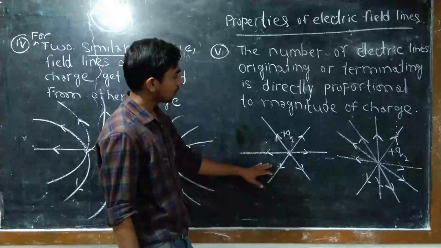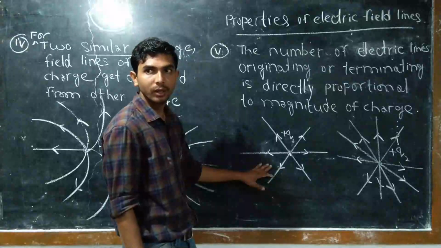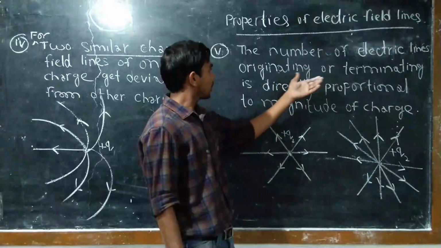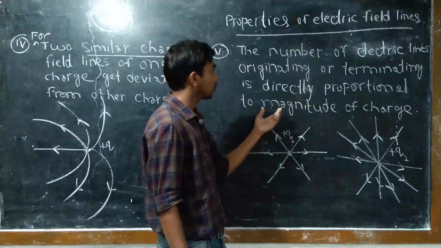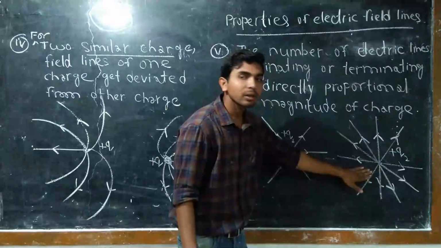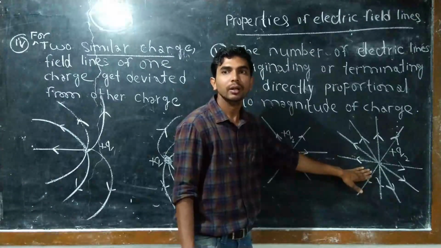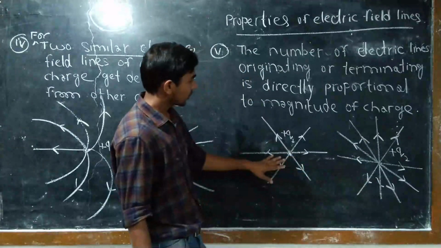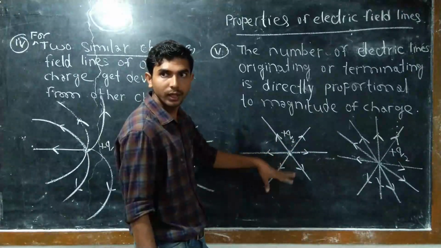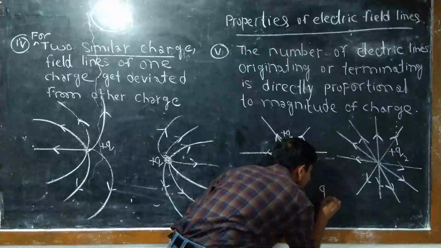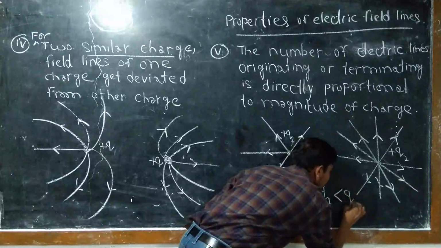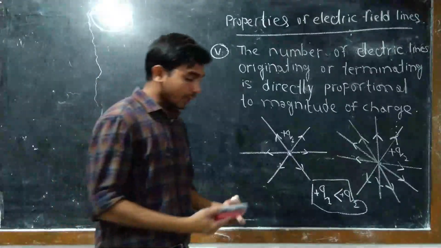But for this one only 6 electric field lines is coming out, right? So according to this point, you are able to see number of electric field lines originating or terminating is directly proportional to magnitude of charge, right? So if here number of electric field lines is more, so charge is greater, right? Similarly here, number of electric field lines is smaller, charge is smaller, right? So we can write here plus Q1 is smaller than plus Q2.